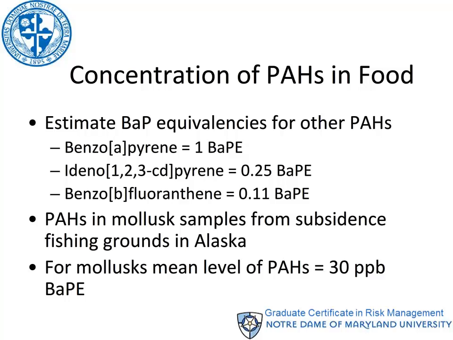So now they went out, harvested some mollusks from the subsistence fishing grounds, and they found that the average level of PAHs was 30 parts per billion of benzopyrene. And if you're not used to working in nanograms per milligram and parts per billion, the units here can get confusing, but don't worry about that. We don't really have to do the conversions ourselves.